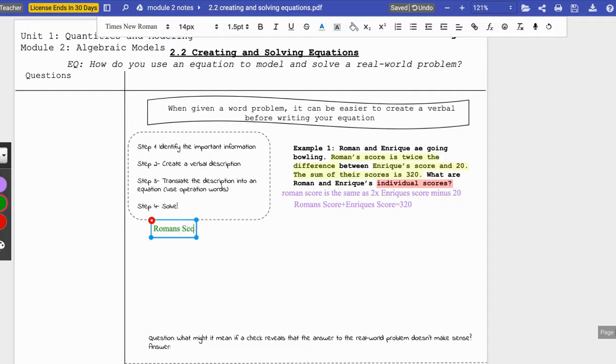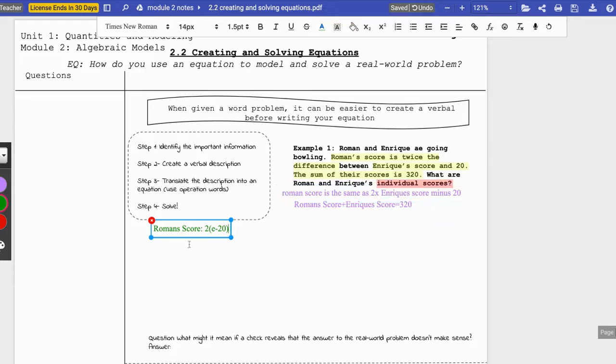So Roman's score is going to be the same as 2 times, remember parentheses means times, Enrique, which is E, minus 20. So this says in math exactly what we wrote here.